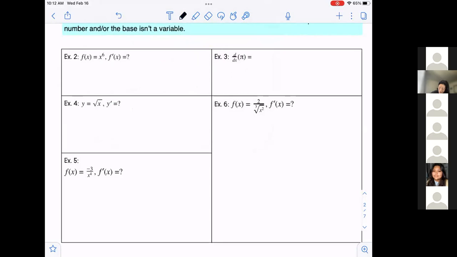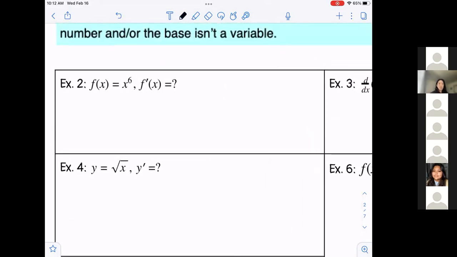So let's start with example 2, right? So f of x equals x to the 6th. What is f prime of x, right? Without giving me the whole answer, can someone tell me what the first thing I should write down after my equal sign is?